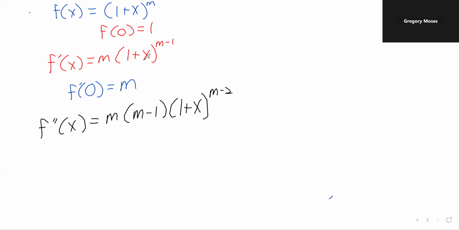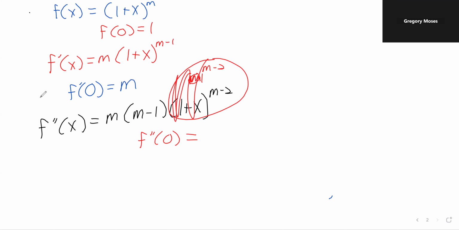But again, sticking 0 in here, we've got the m, we've got the m minus 1. This goes away. It's 1 to the power of m minus 2. 1 to a power is 1. Multiplying by 1 doesn't do anything.